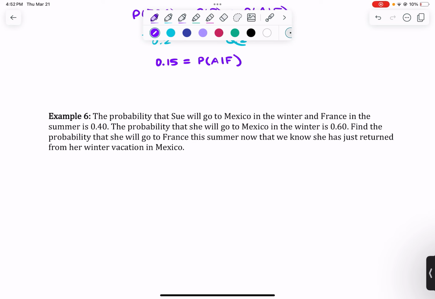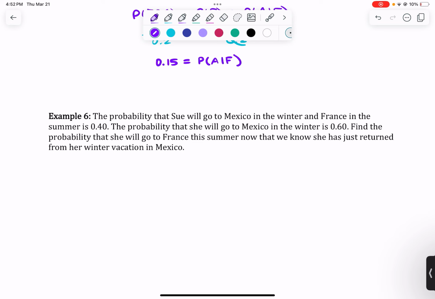Now this is a conditional probability, the last one that I'm looking for. Even though I don't use the words "given that," I know that conditional probability is taking place when my probability has changed, knowing that something has taken place. I know that Sue has just come back from her vacation in Mexico, so I know that has taken place.